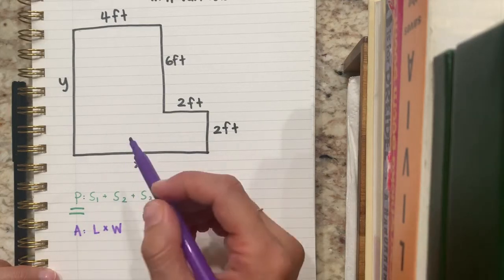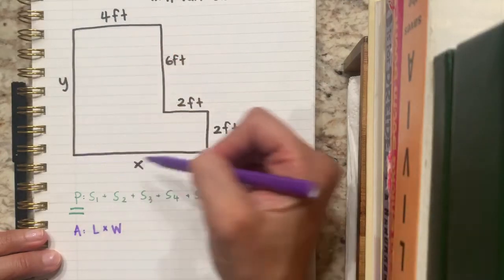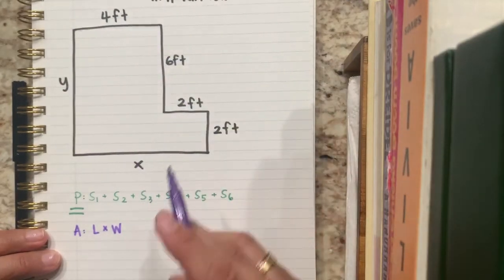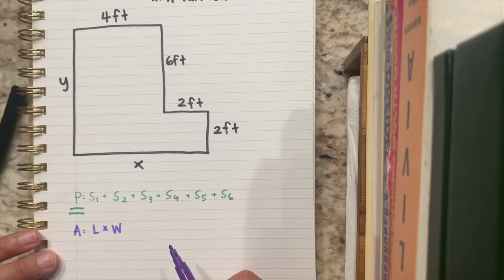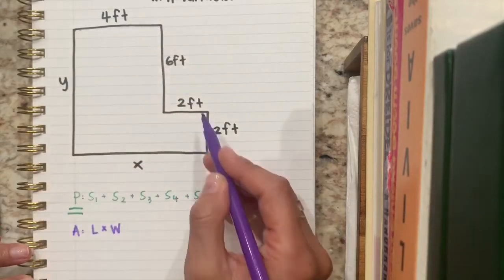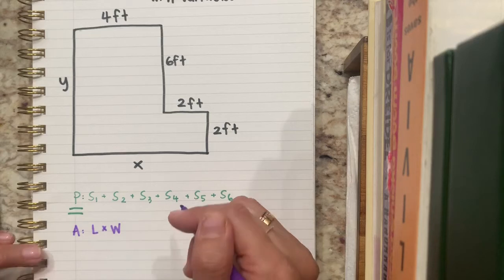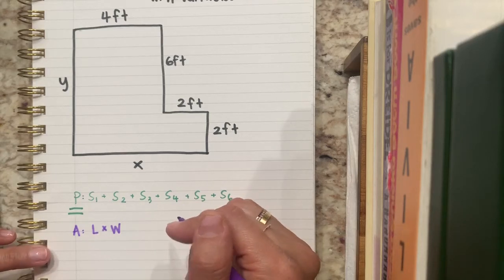Okay, so when we have done area in the past, we have done perfect rectangles, perfect squares, we've done triangles, trapezoids, parallelograms, but we haven't done areas of an odd shape. So your job today is to figure out the area of the entire shape, but I'm going to give you a few hints along the way.